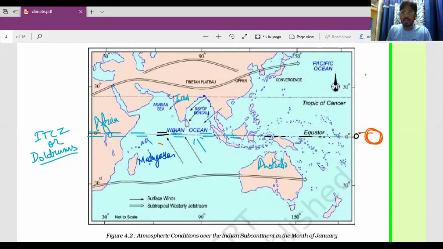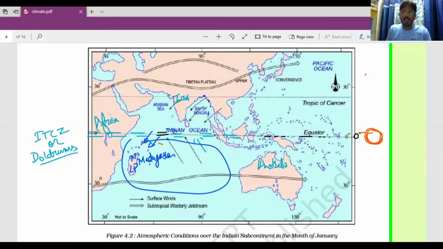In the southern hemisphere, other than Africa and Australia, we don't have any land near to India. We don't have any land over here except Madagascar. So Madagascar started heating, and when it started heating, low pressure creates over here. When low pressure creates over here, it will attract all other winds to fulfill this empty air, right? So it will attract winds from northern India.